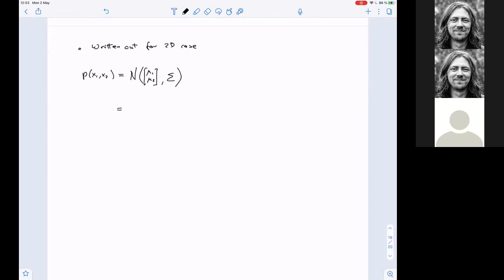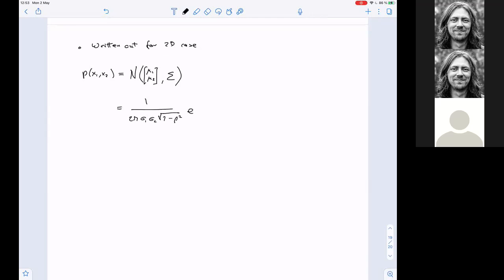And if you write this out in all its glory and make various simplifications, you get that this is 1 over 2 pi sigma 1 sigma 2, and you're left with the square root of 1 minus rho squared. Since we only have two variables, we only have one correlation coefficient, that's just rho.